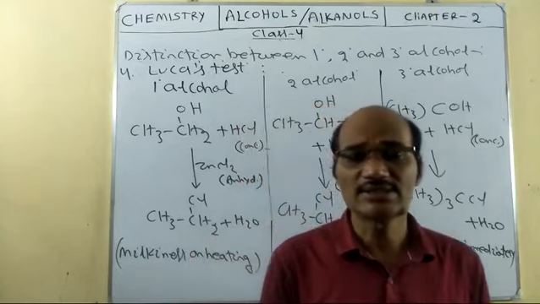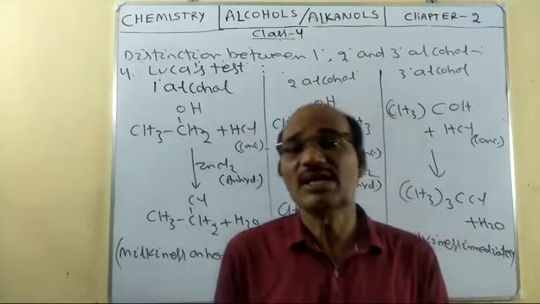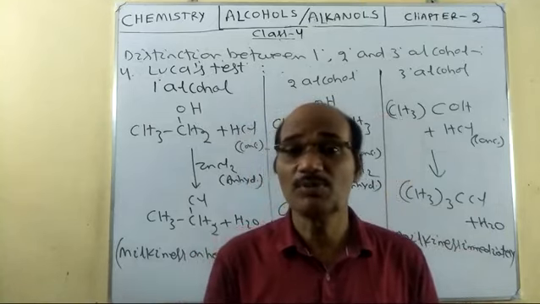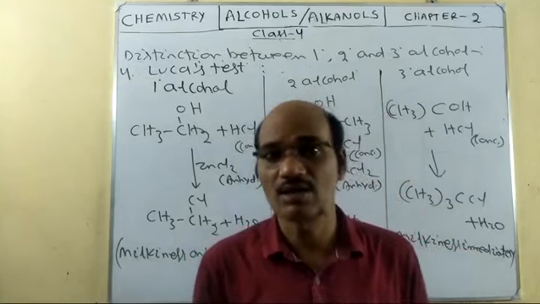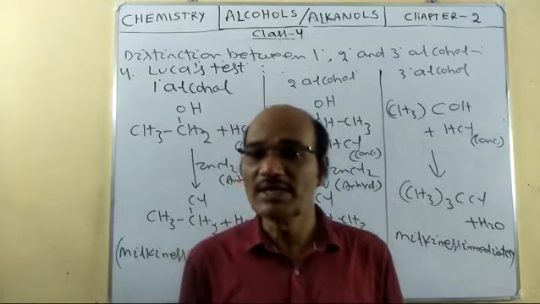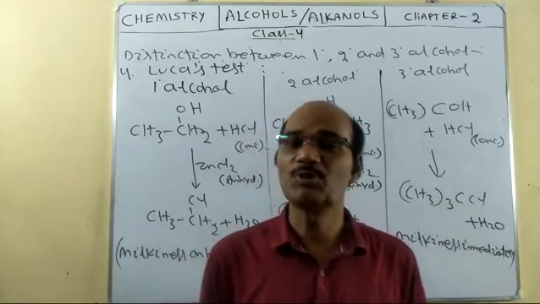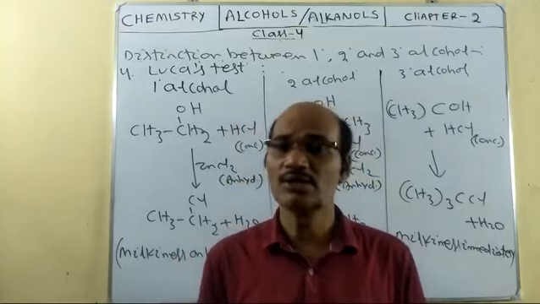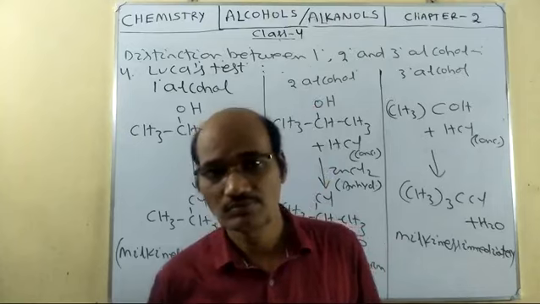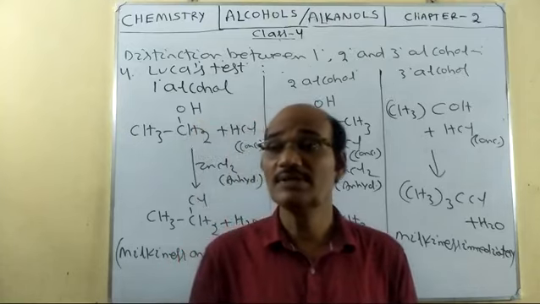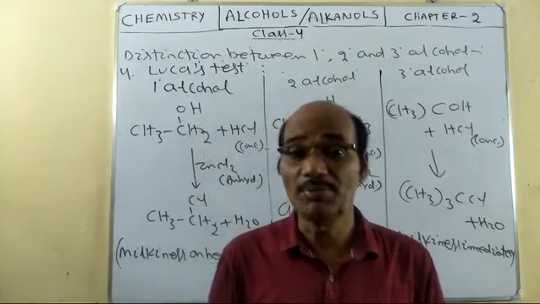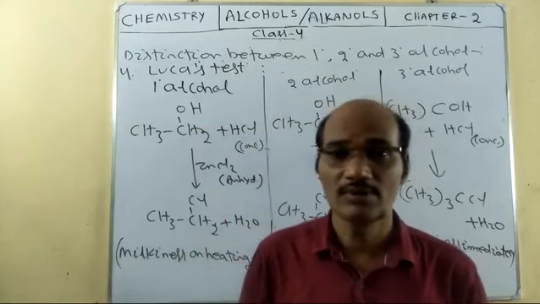And these haloalkanes are immiscible in water. So this results in the formation of cloudiness or milkiness. So milkiness appears in case of primary alcohol, in case of secondary alcohol, and also in case of tertiary alcohol. But the milkiness in tertiary alcohol appears immediately.